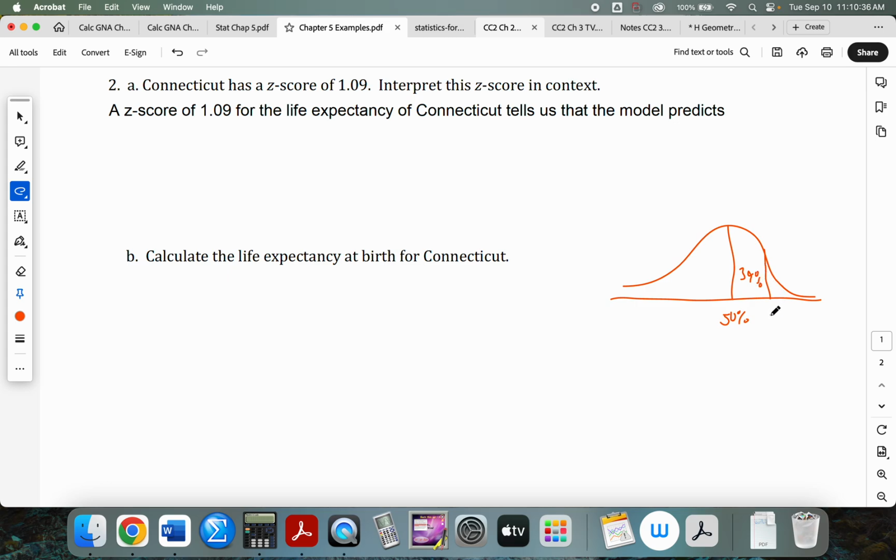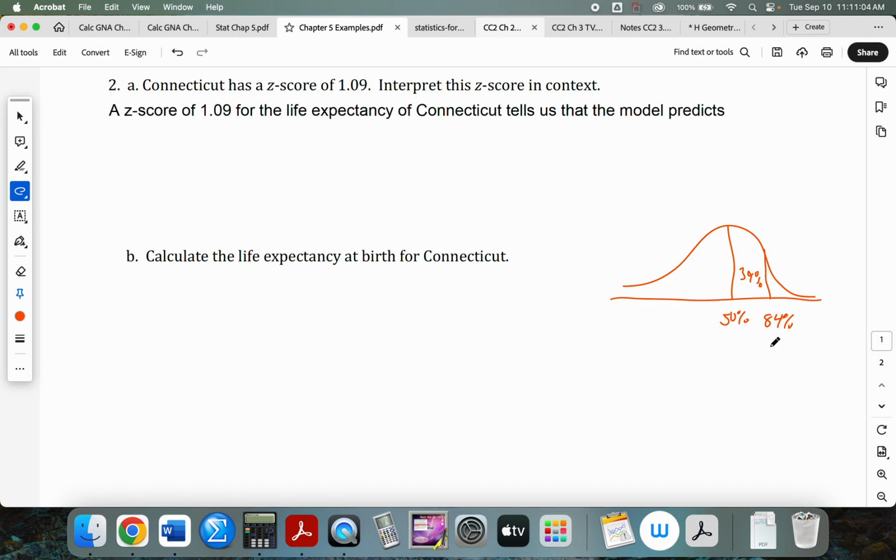So this would be in the 84th percentile. There's 68% in the middle. Split it in half. So there's 34% above 50% and 34% below. So then this would be adding 34 to 50, the 84th percentile.